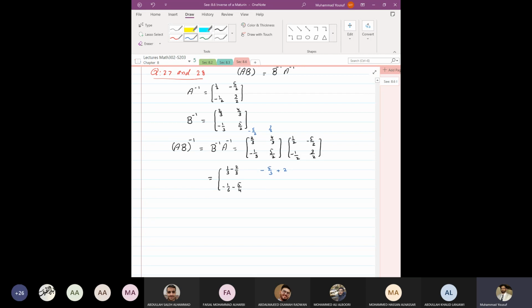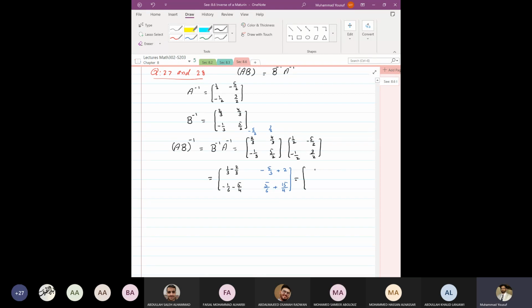And then multiply 5 over 2 and 1 over 3. So it will be 5 over 6 and plus 3 over 2, 5 over 2, 15 over 4. Anyway, now you can simplify them.